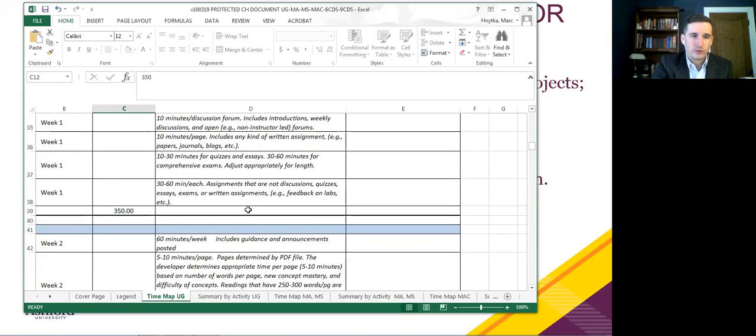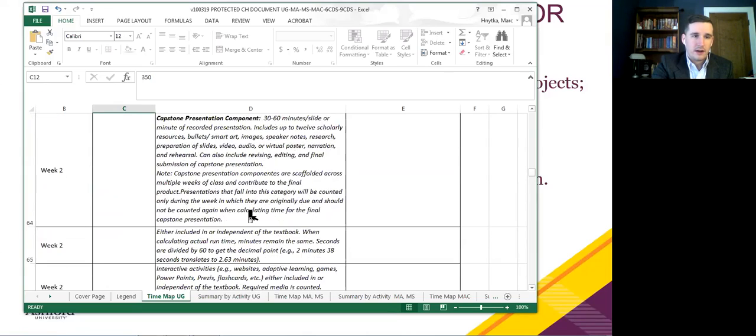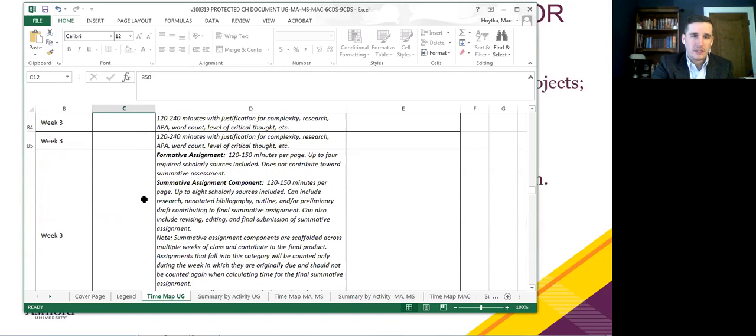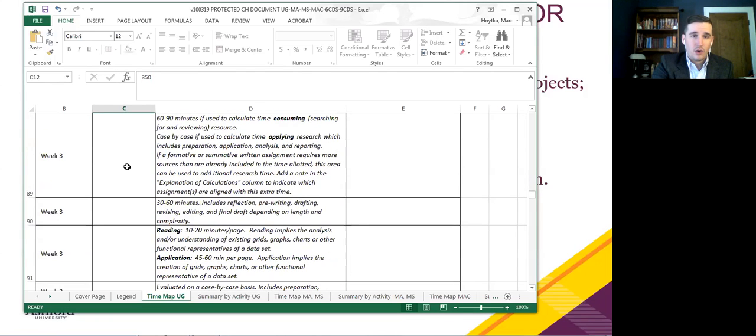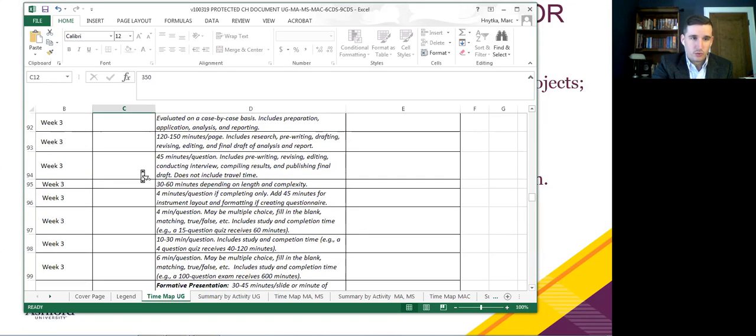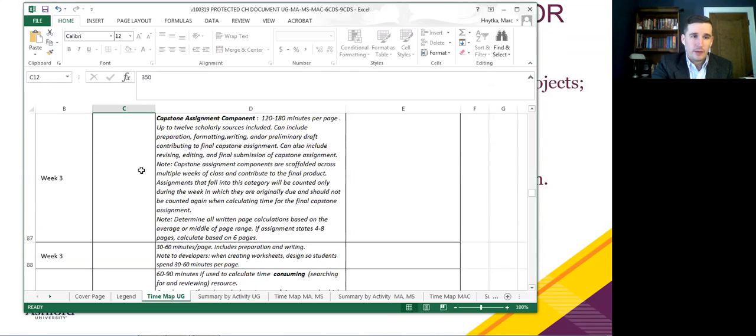And then we're going to go to week 3. In week 3, maybe this will be a detailed outline or a rough draft that's a little bit shorter than the final paper, but still a significant component of the capstone assignment.